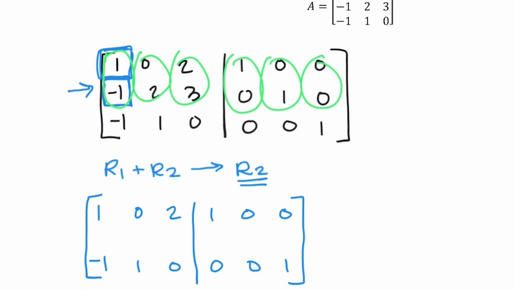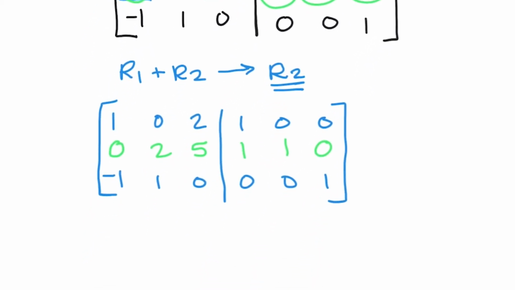So 1 and negative 1 gives us 0. 0 and 2 gives us 2. 2 plus 3 gives us 5. 1 plus 0 is 1. 0 plus 1 is 1. 0 plus 0 is 0. Okay, so we are one step closer. We have our 1 and our 0 in the right place.